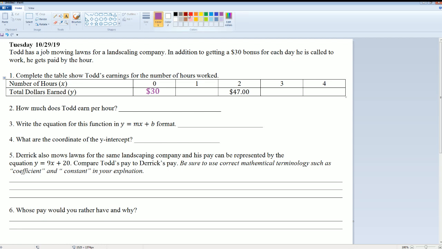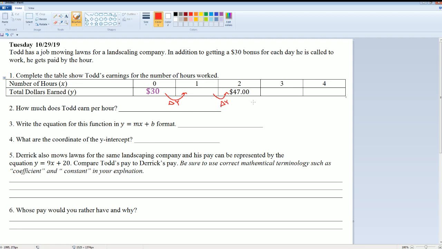$47.30. It seems like there's a big jump from here to here. There's a delta y here, then another delta y here. So how many delta y's are there?